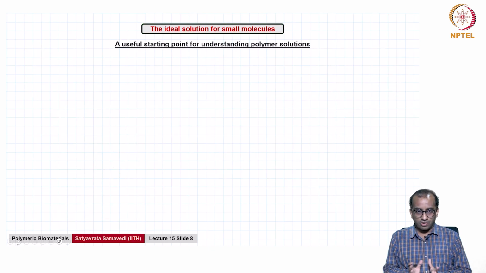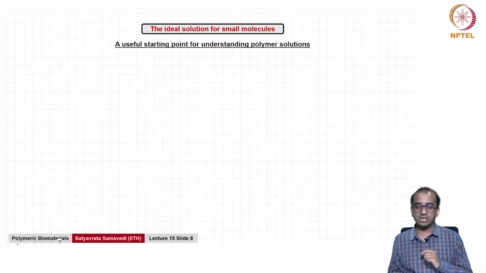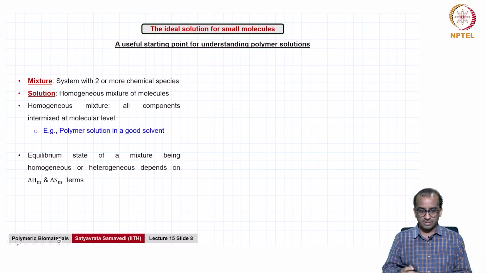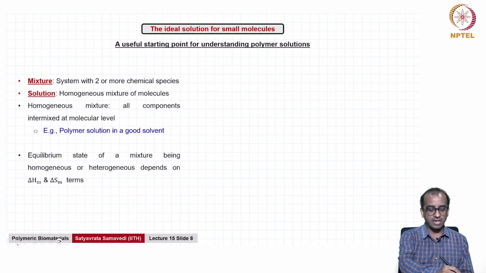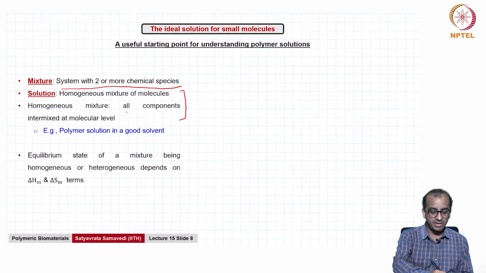So, having qualitatively looked at enthalpy of mixing and entropy of mixing, now we will move formally to understanding mixing, but we will consider the case of the ideal solution for small molecules, which is a good starting point for us to eventually understand polymer solutions. And first, we will simply define a mixture as a system with two or more chemical species, and a solution as a homogeneous mixture of molecules, where a homogeneous mixture simply means that all the components are intermixed at the molecular level.